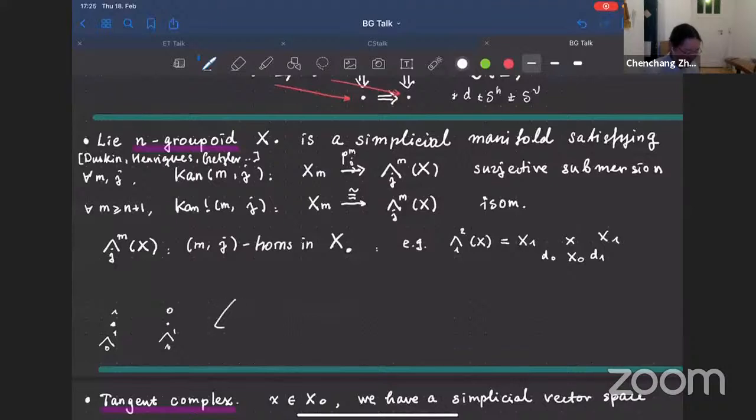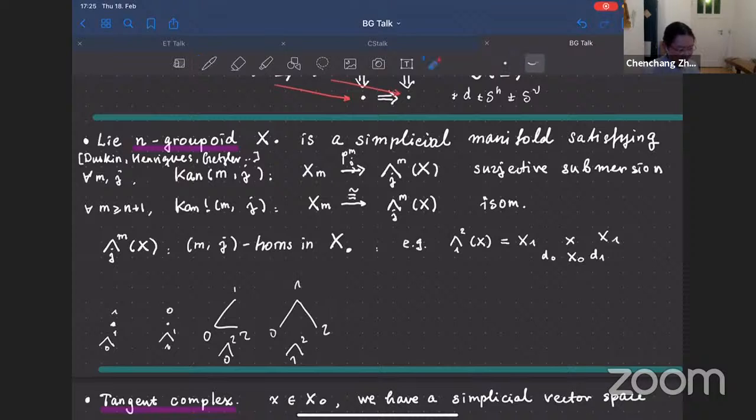For example, the (2,0) horn, you remove the simplex inside and also the 0 face, and the (2,1) horn is like this. So it's some sort of fiber product. For example, for the (2,1) horn, you have one x1 on one side and another x1, and you need to match them at x0 over here. So some sort of fiber product.